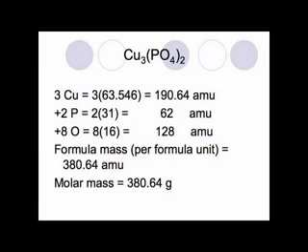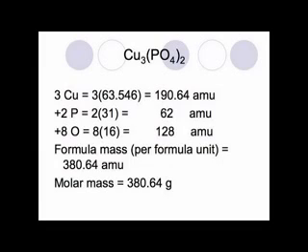When you count the number of phosphorus atoms in this compound, you have to multiply the subscript on the phosphorus, which isn't shown because it's 1 and we don't show subscripts of 1, by the subscript 2 outside the parentheses. So we have 2 phosphorus atoms, and that would be 2 times 31 atomic mass units, which gives us a total of 62 atomic mass units.